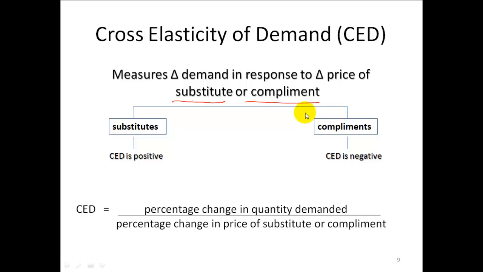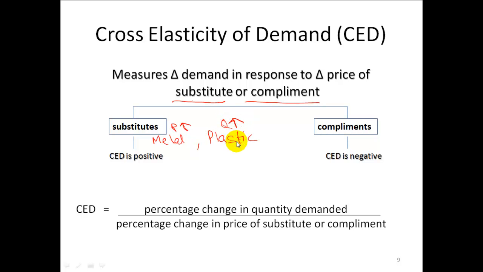What is the impact on the demand for a given product when the price of a substitute goes up? Going back to our metal and plastic example, remember that these were substitutes. If the price of metal goes up, what is going to happen to the quantity demanded of plastic? The answer is the quantity demanded will go up.